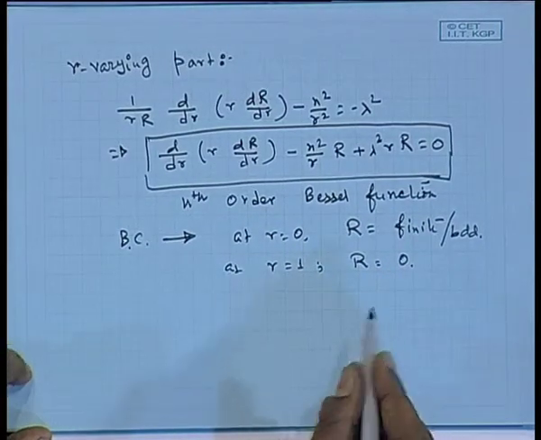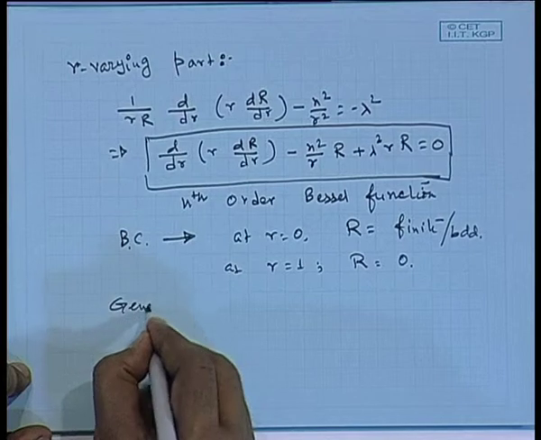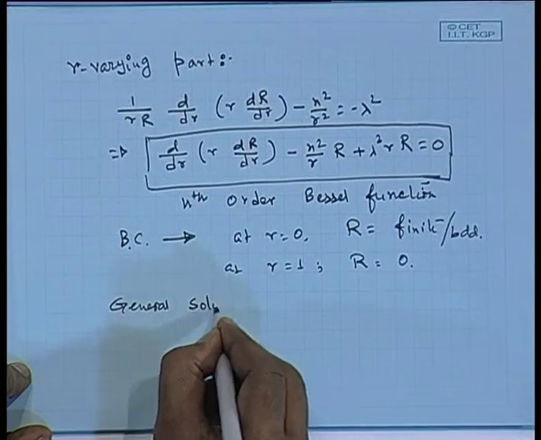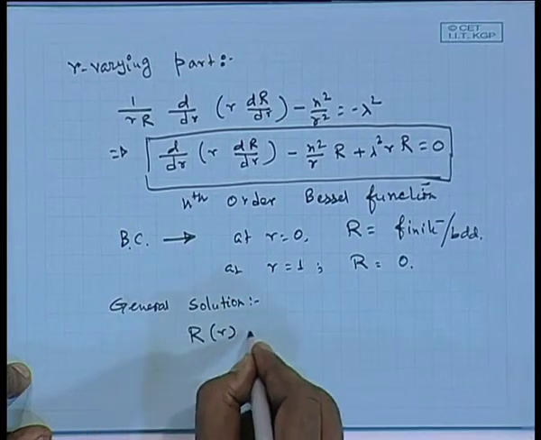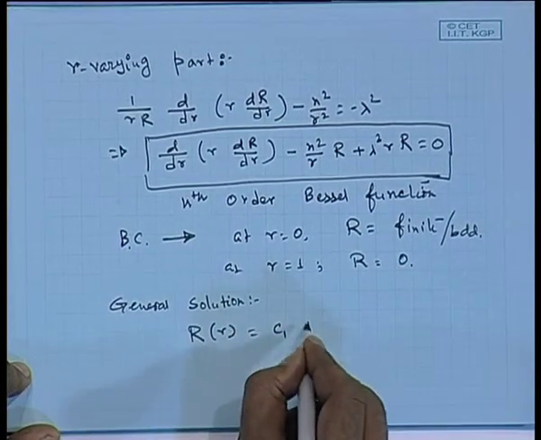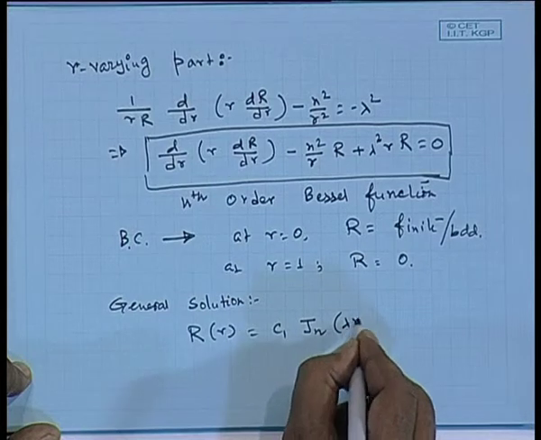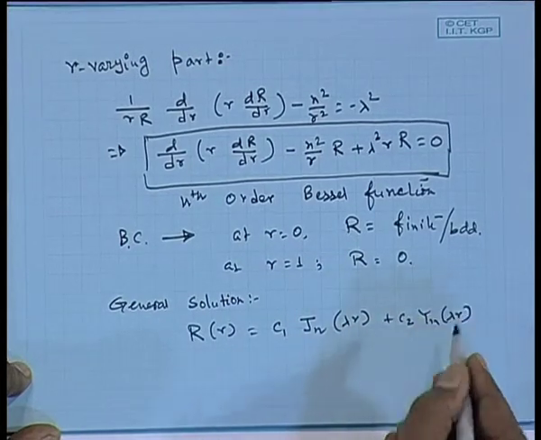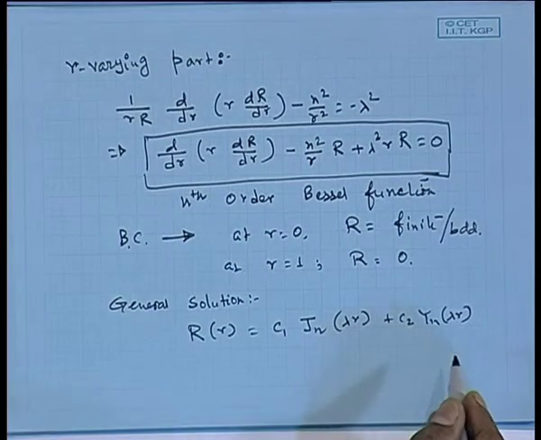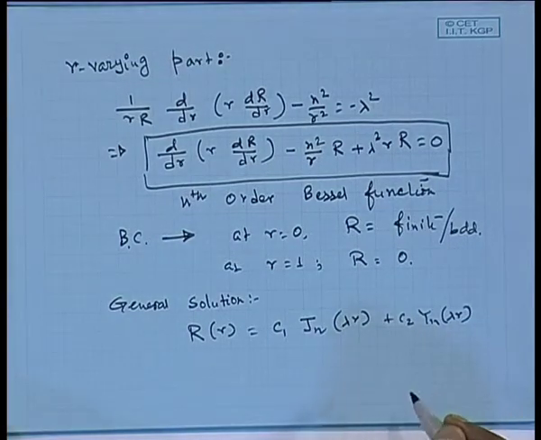So, the general solution is R equals C1 J_n(lambda r) plus C2 Y_n(lambda r). We have not yet defined what lambda is. We will get the value of lambda from the boundary conditions.